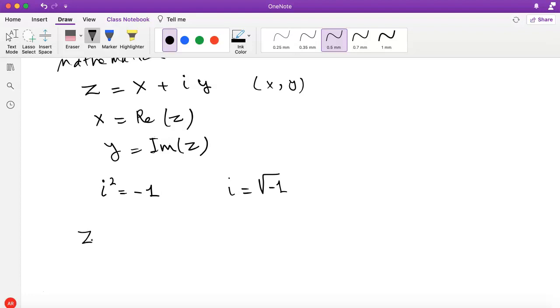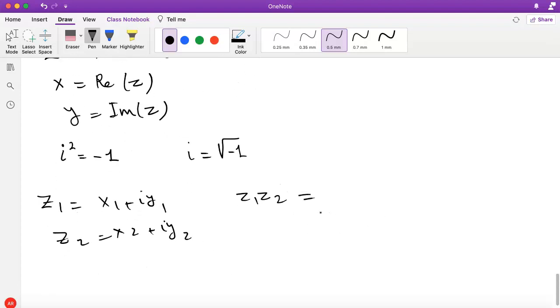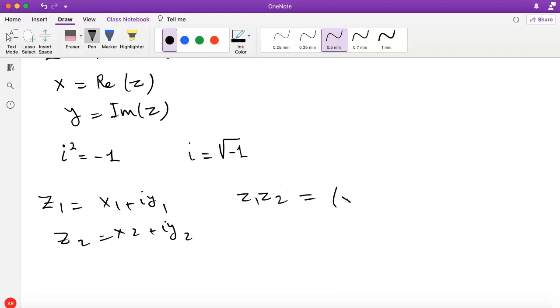So for example, if I have z1 is x1 plus i y1, z2 is x2 plus i y2, then z1 times z2, this product, you can just use the standard rules of algebra.